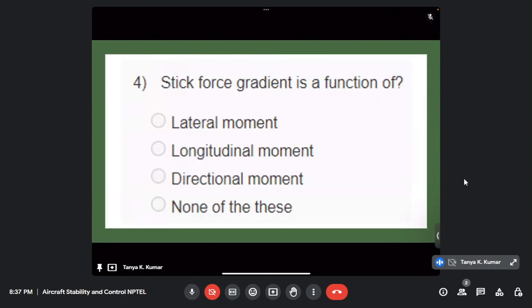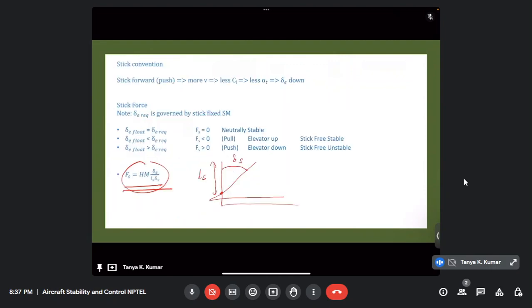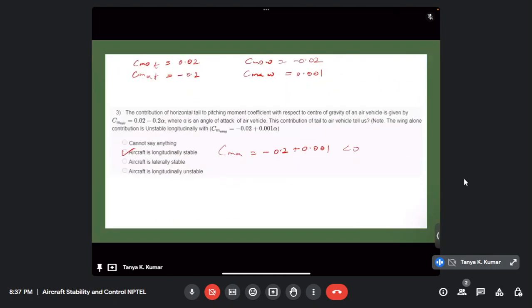Stick force gradient is a function of. We've done this question before, so just look at the stick force formula. Okay, so this is the formula. Now look at the options given to you.